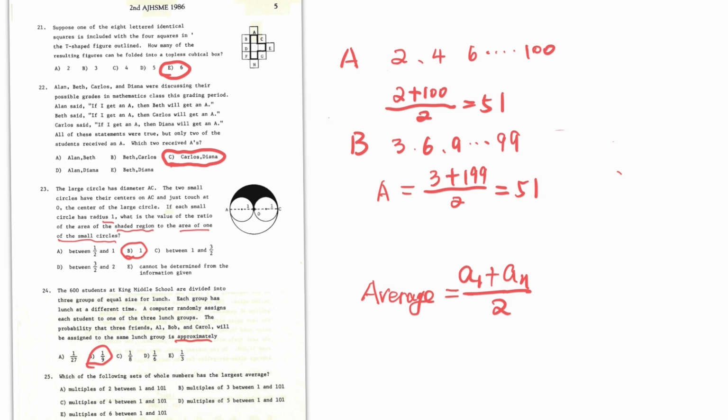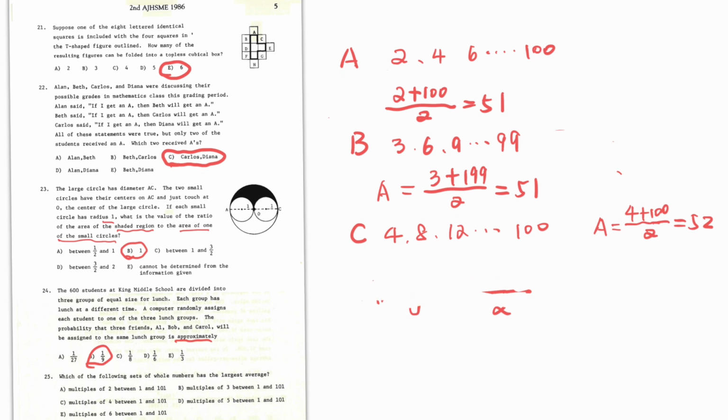That's 51. C, multiples of 4 between 1 and 101: 4, 8, 12, up to 100. So the average is 4 plus 100 divided by 2. That's 104 divided by 2, 52.